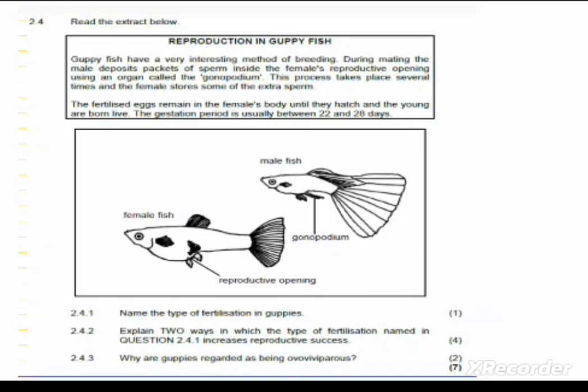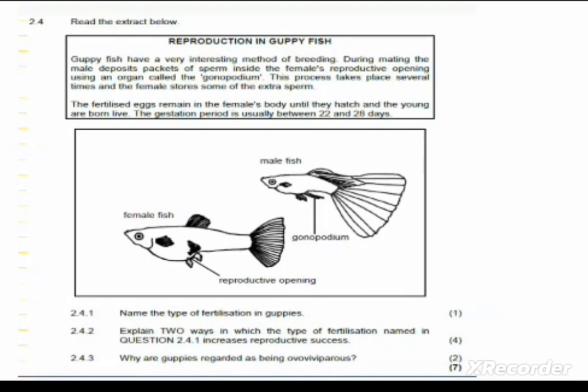So by reading this statement, you can see that this is internal fertilization because the sperm is deposited inside the female reproductive opening, and then the process takes place several times and the female stores some of the extra sperm.